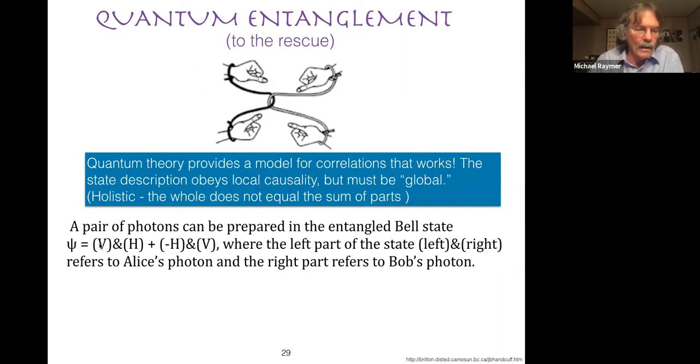It means that Alice's photon is vertically polarized, or in a vertical quantum state, and Bob's photon is in the horizontal quantum state. But now there's another possibility: that Alice's photon could be in the -H state, and Bob's photon could be in the V state. So those are two distinct quantum states of the pair of photons, and those are both valid quantum states, I'm sure you would agree.